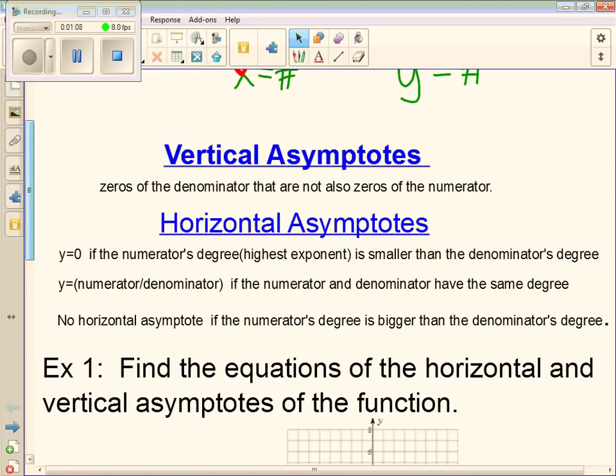Horizontal asymptotes: if the numerator's degree, the highest exponent, is smaller than the denominator's degree, anytime that happens, the horizontal asymptote is always at y equals 0.